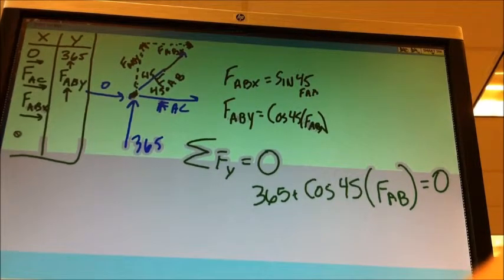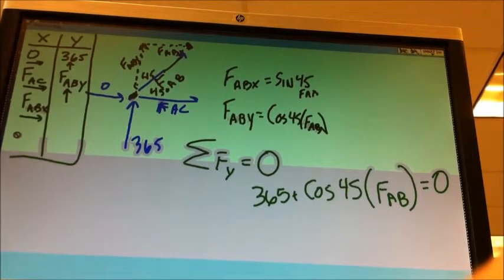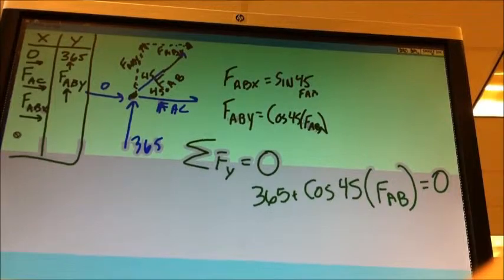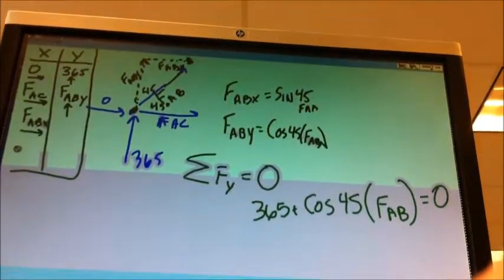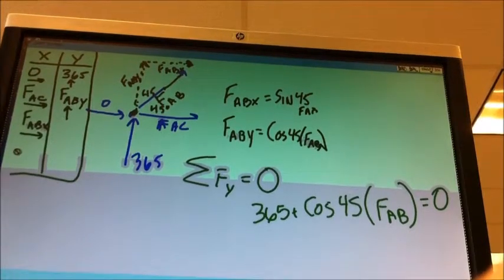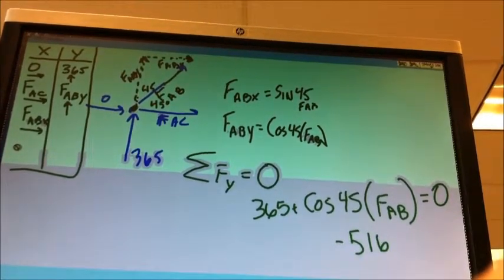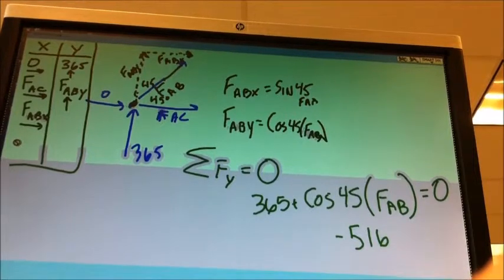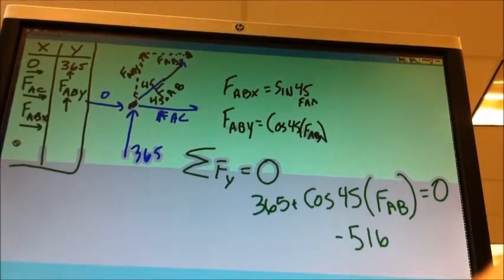What are you going to get? Negative 516. Did you take the negative? So it's a negative.